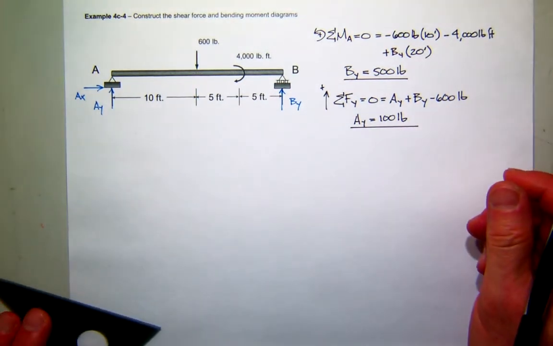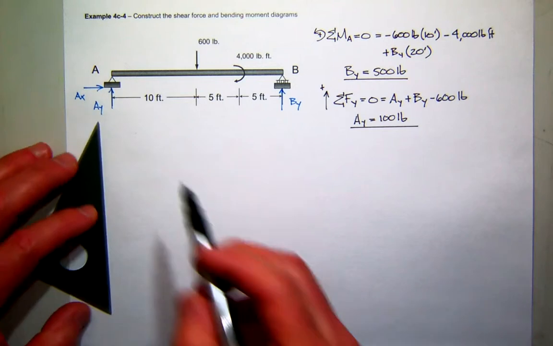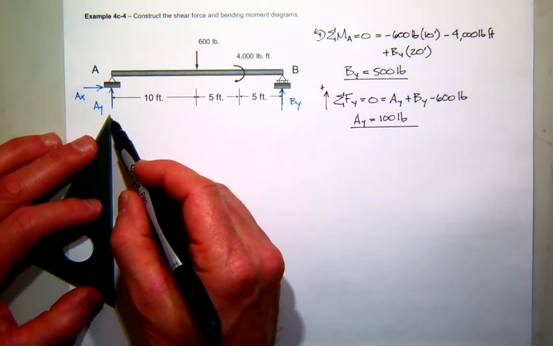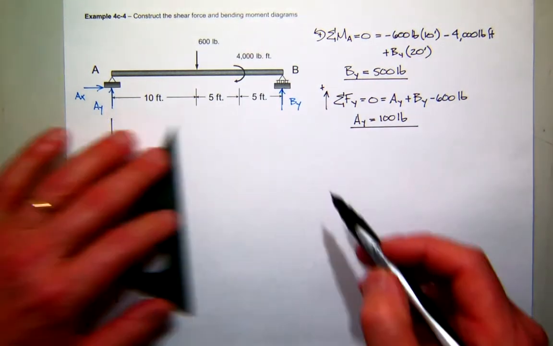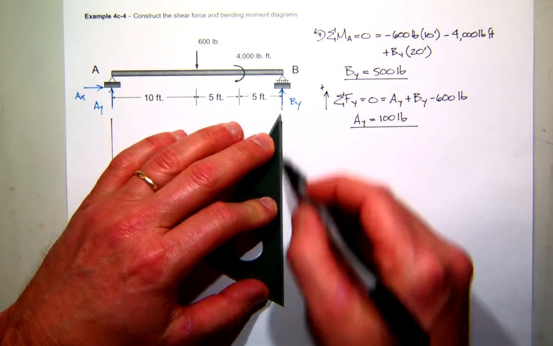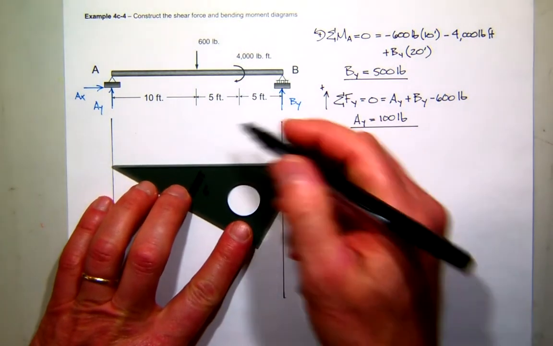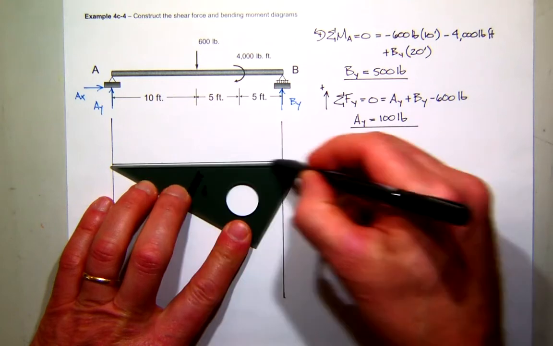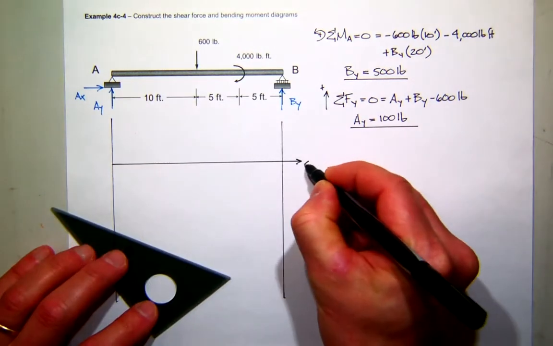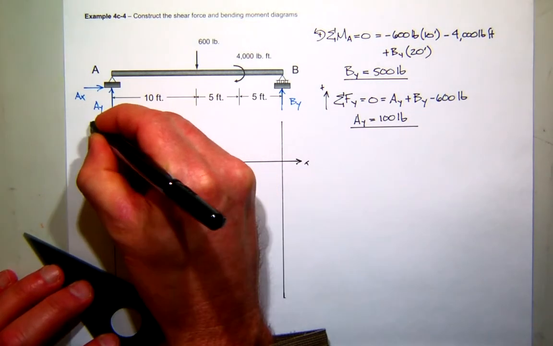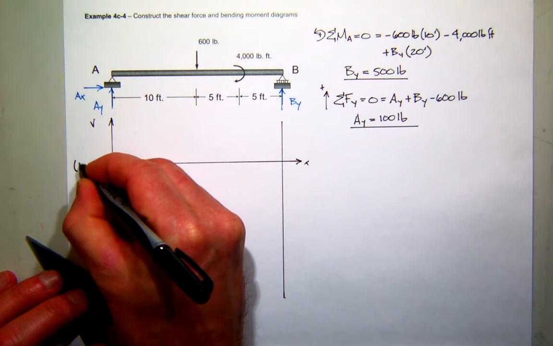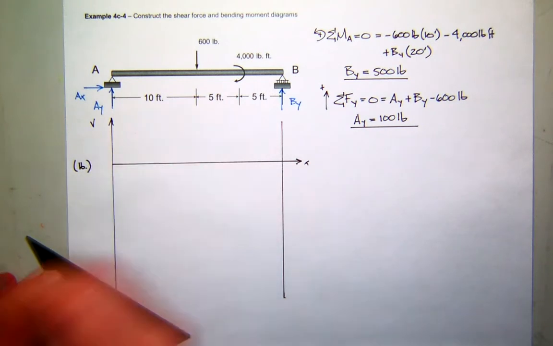Any questions about that? Okay, so this is what I like to do. I like to go ahead and construct a template. There's the limits of my problem from left to right. And then I'll come in here and define a positive axis for my shear, and all my shear values will have units of pounds.